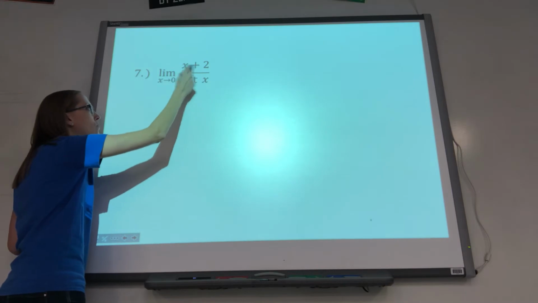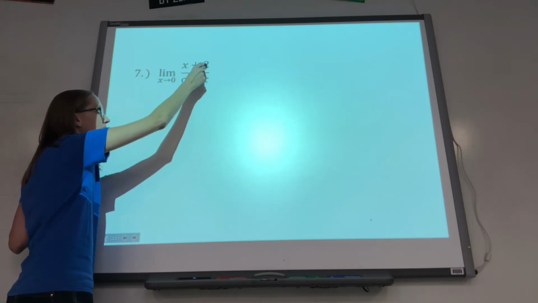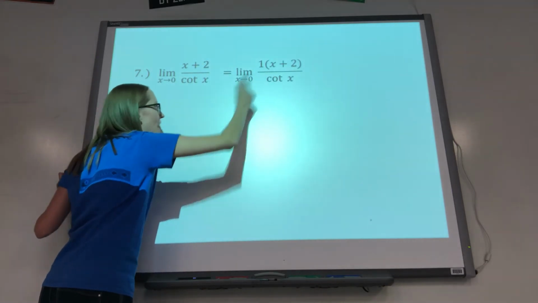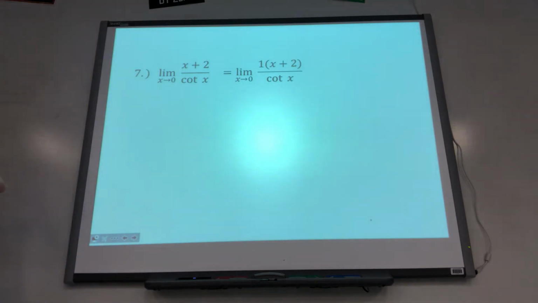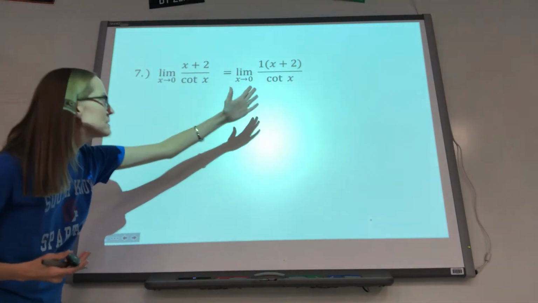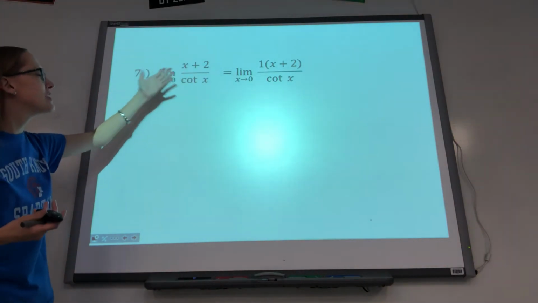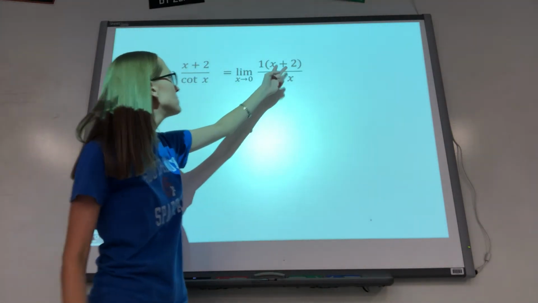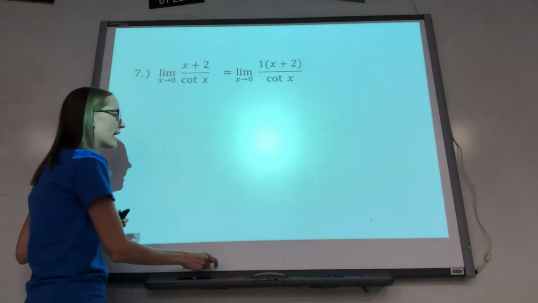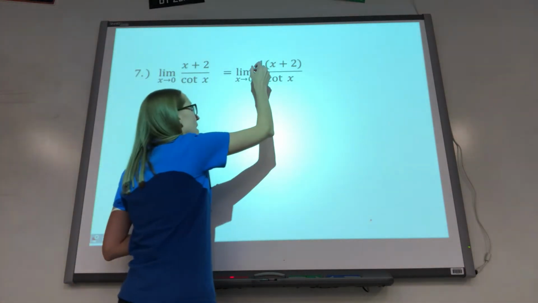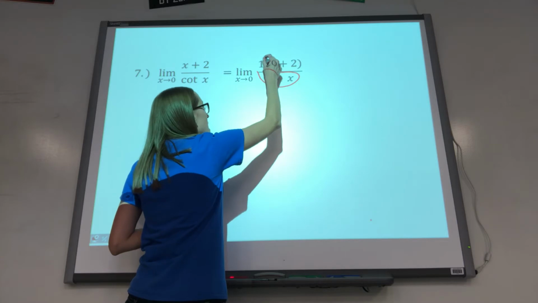I'm going to rewrite the numerator, and this seems kind of weird right now, but I'm going to rewrite that by just pulling a 1 out front. So I haven't really changed anything. 1 times x plus 2 is still x plus 2. But here's why I did that.